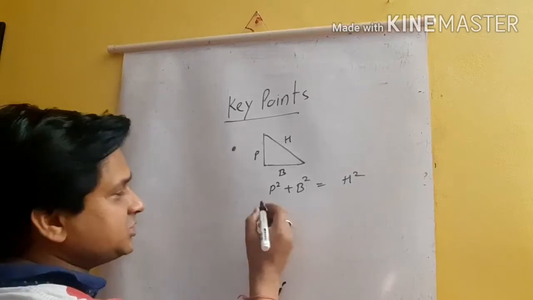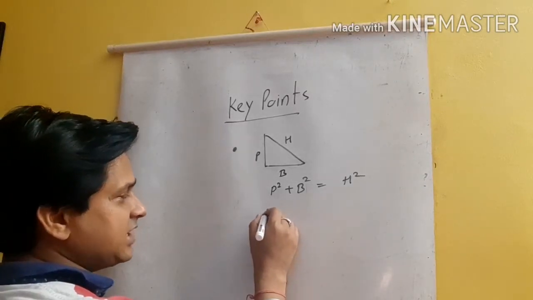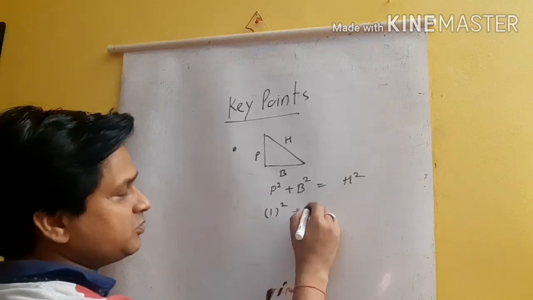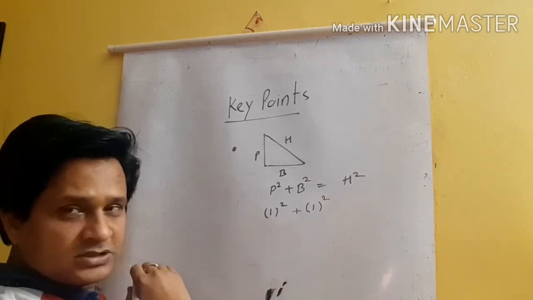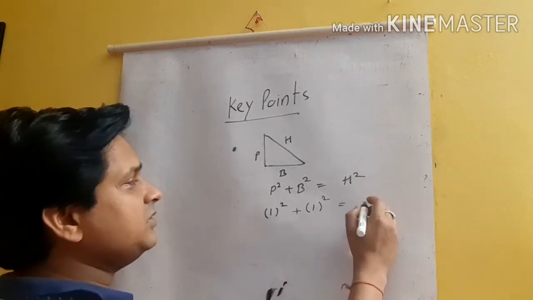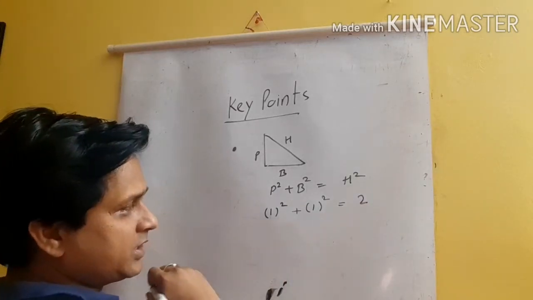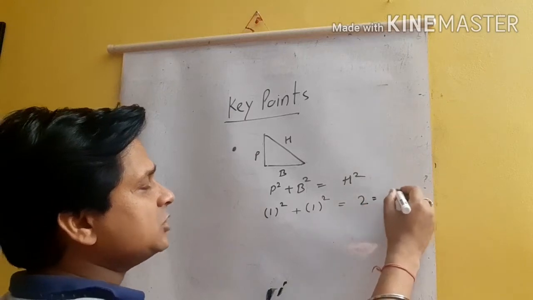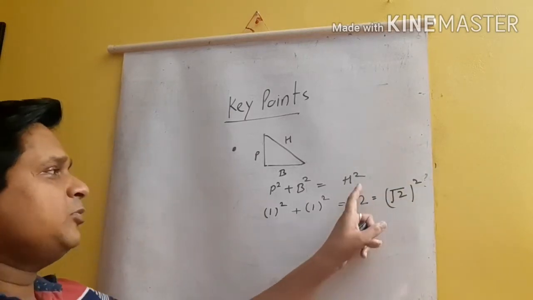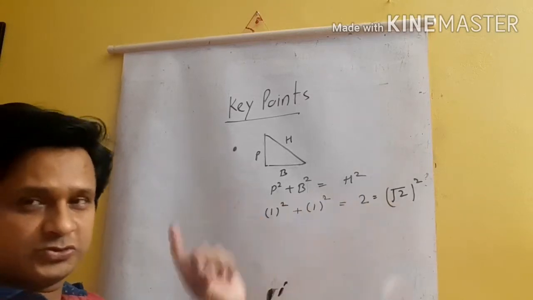I just told you the perpendicular is always taken as 1 unit. Suppose I take the base also as 1 unit, then what will I have? 1 square plus 1 square, it will be 2. Can I write this 2 as root 2 whole square? It means the hypotenuse will be root 2.